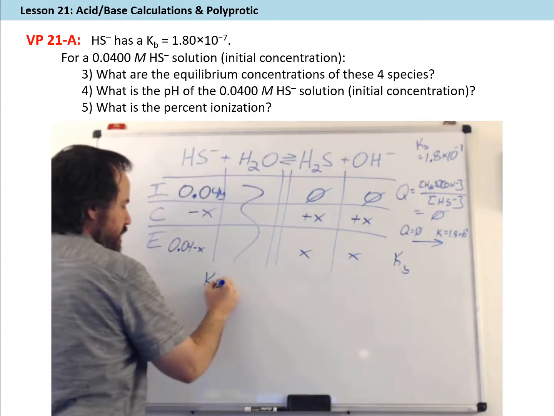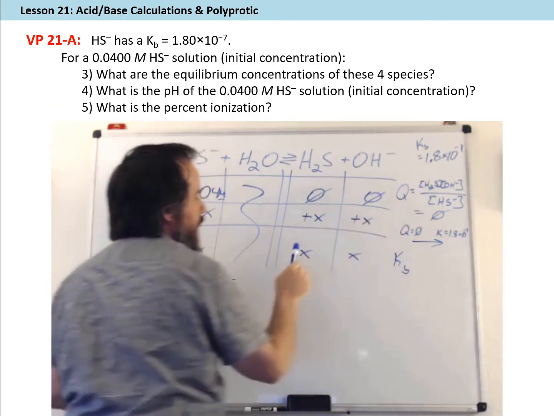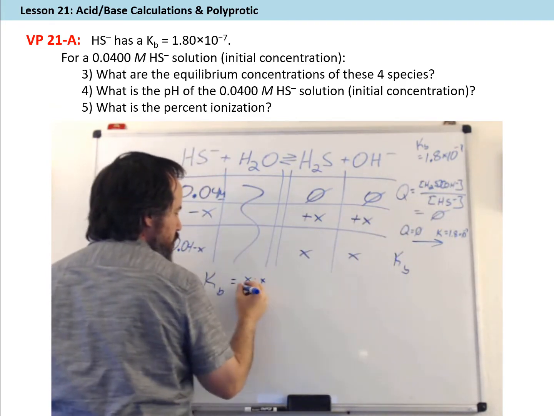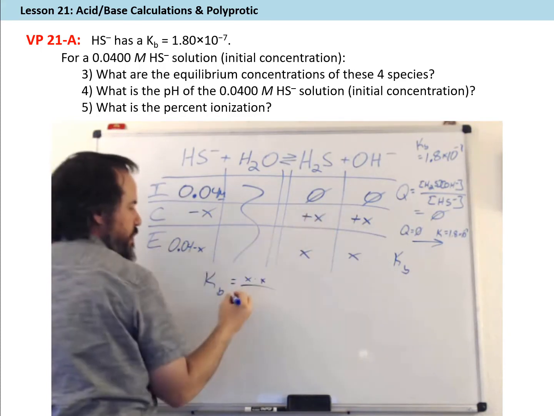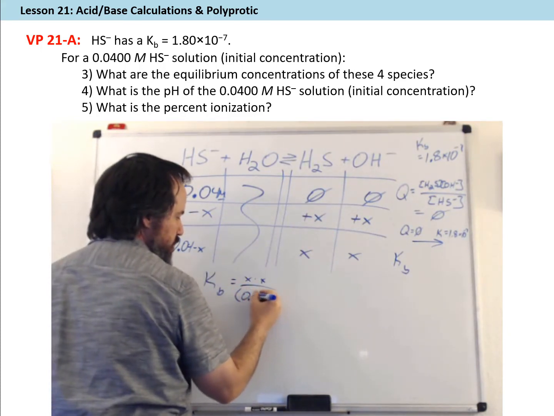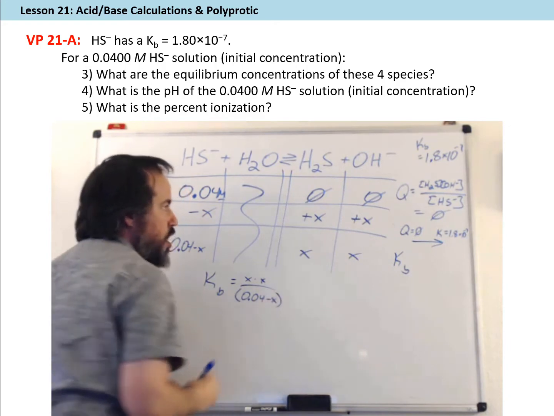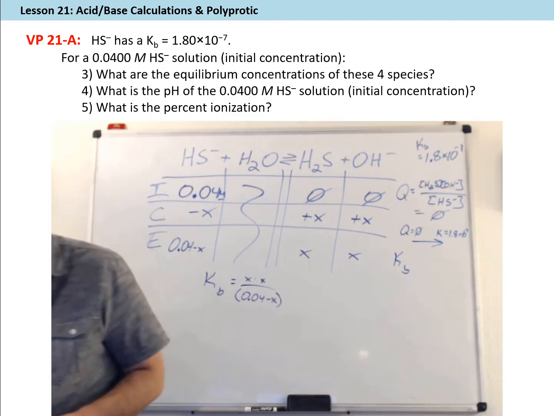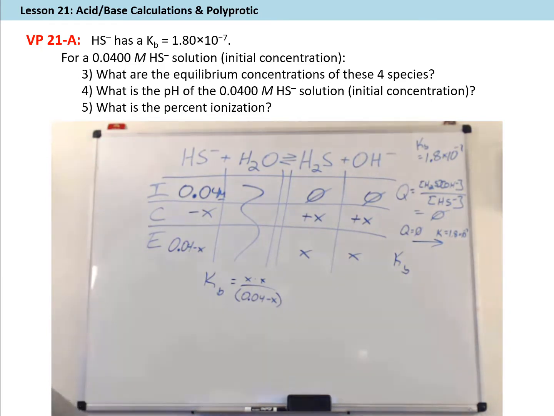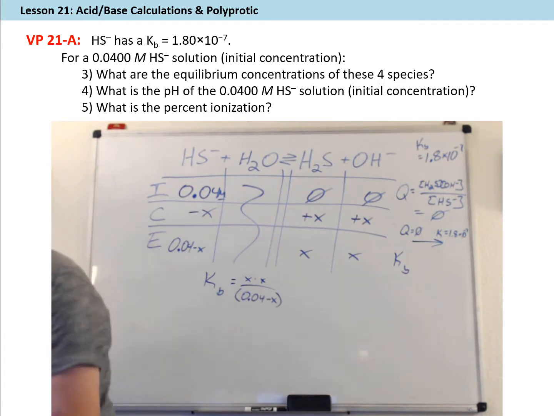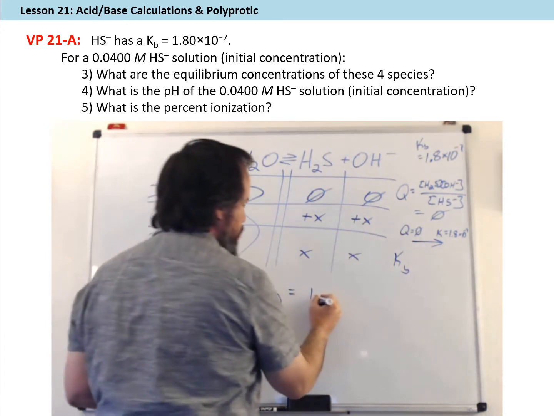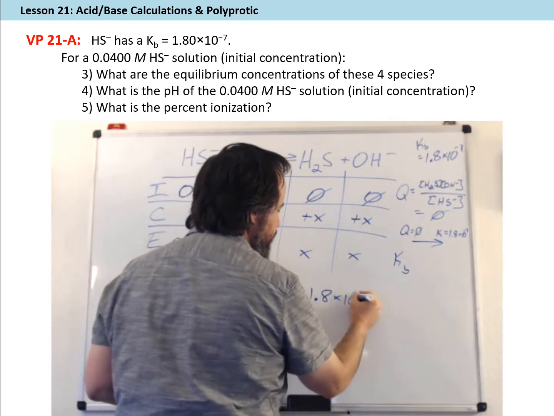So my KB will be H2S times OH minus over HS minus. Okay, so let's go to our next step. In our next step, we're going to go ahead and solve for X.